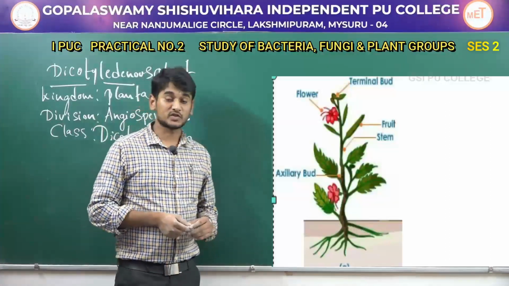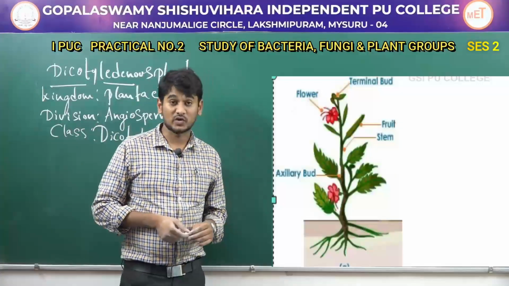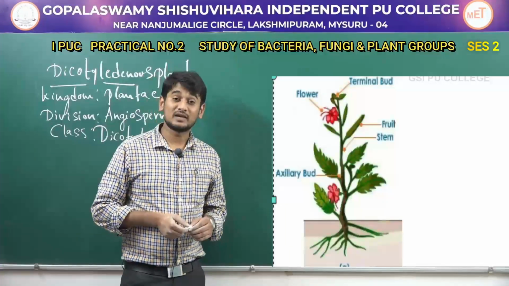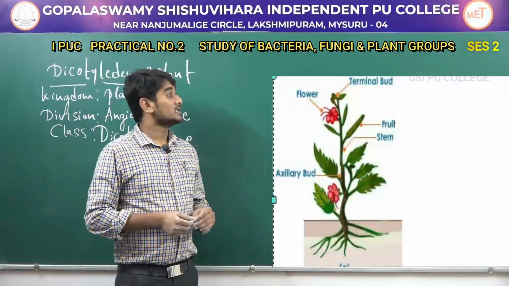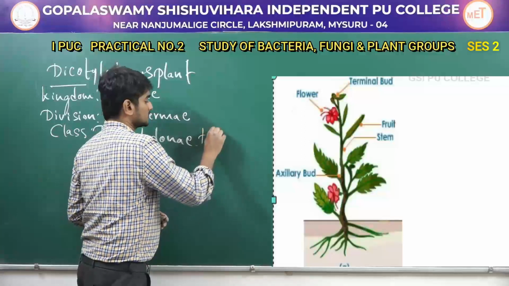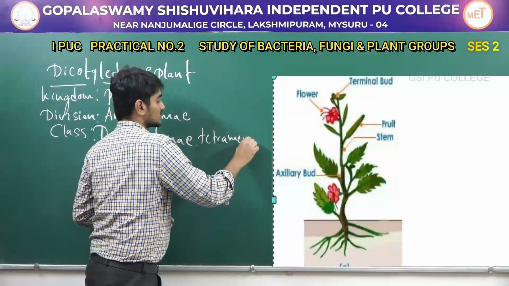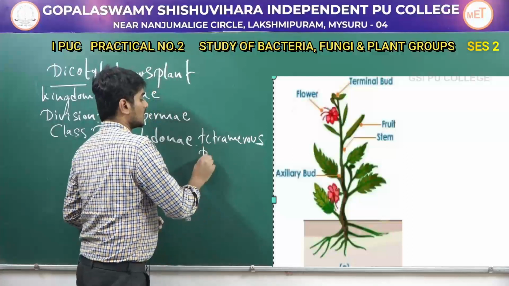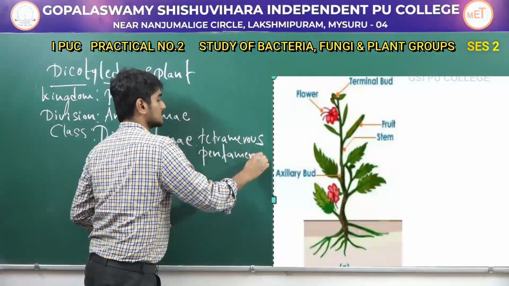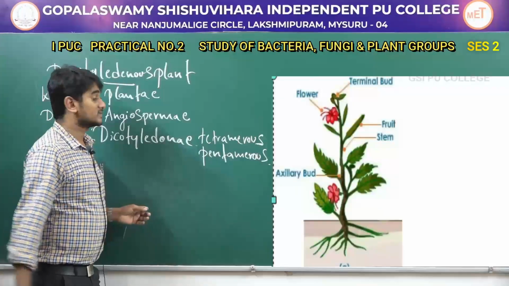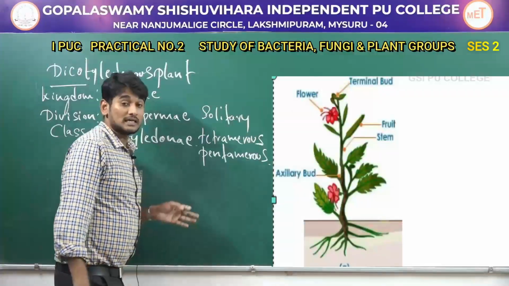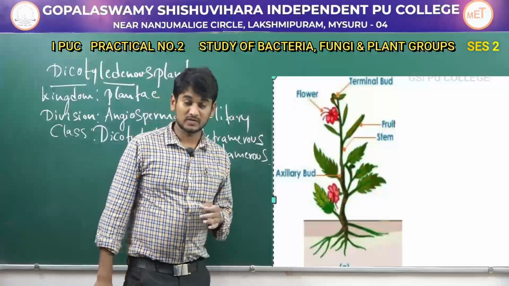It shows a taproot system, which means primary, secondary and tertiary roots, and the presence of simple or compound leaves with reticulate venation. And the flower is tetramerous, which means the presence of 4 sepals and 4 petals, or pentamerous, 5 sepals or 5 petals, and the inflorescence is solitary, which means the presence of a single flower, or clusters forming an inflorescence.